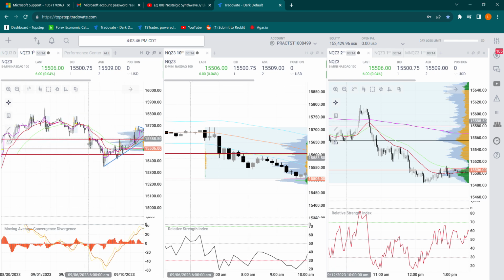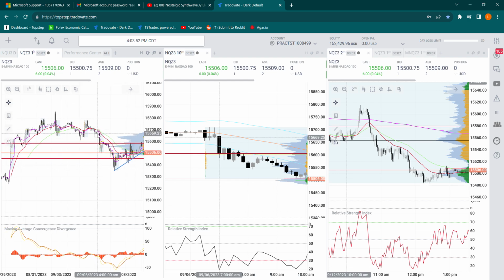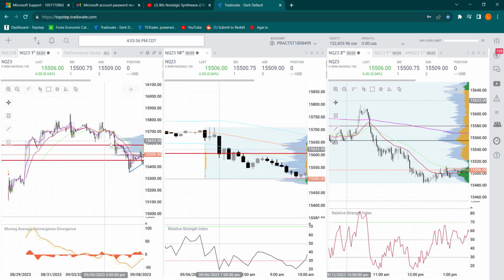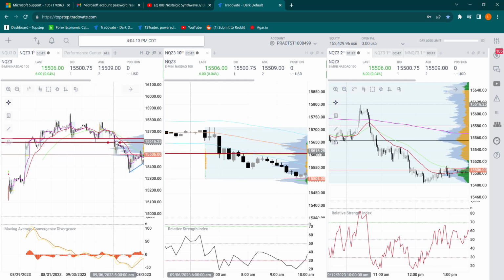Also, you want to have confluence with higher time frames. So this was a really good setup because we had broken the resistance, somewhere around here, and not even come close to actually entering back into this range here.